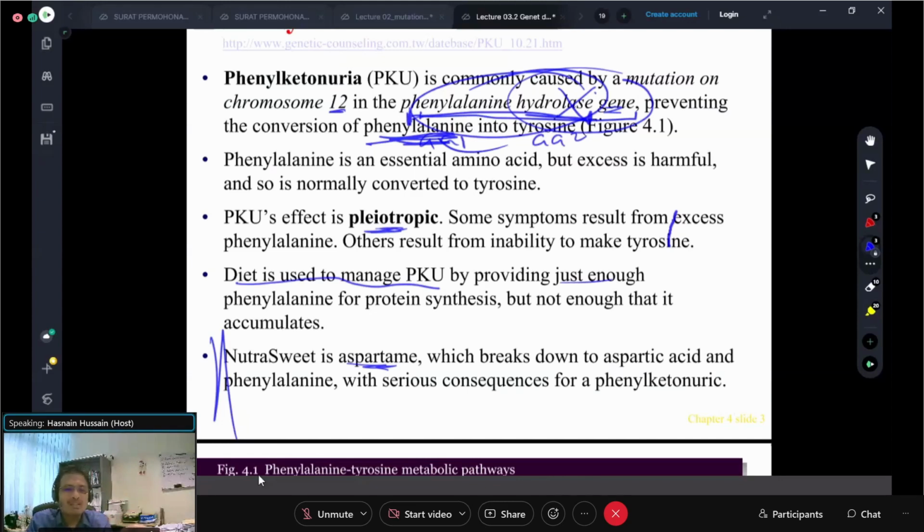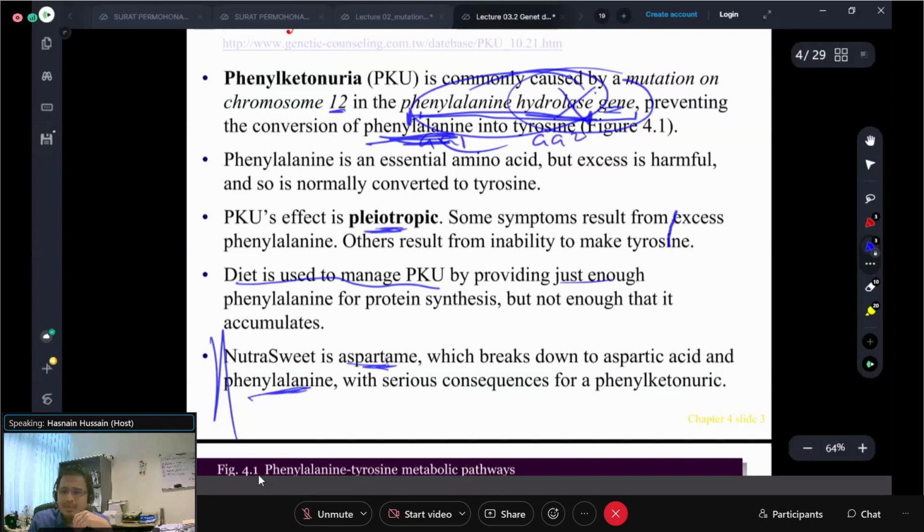But if that diabetic person is also phenylketonuric, then it will be a problem, because the aspartame chemical compound, when it is broken down in our cell, will break into phenylalanine.